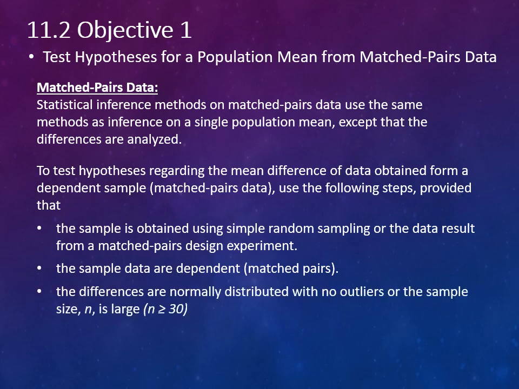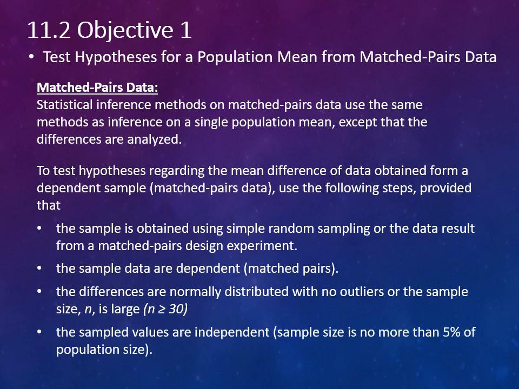And the differences are normally distributed with no outliers, or the sample size n is large, n is greater than or equal to 30. Again, this is nothing new. We've been doing it all along. And the sample values are independent. Sample size is no more than 5% of the population size.